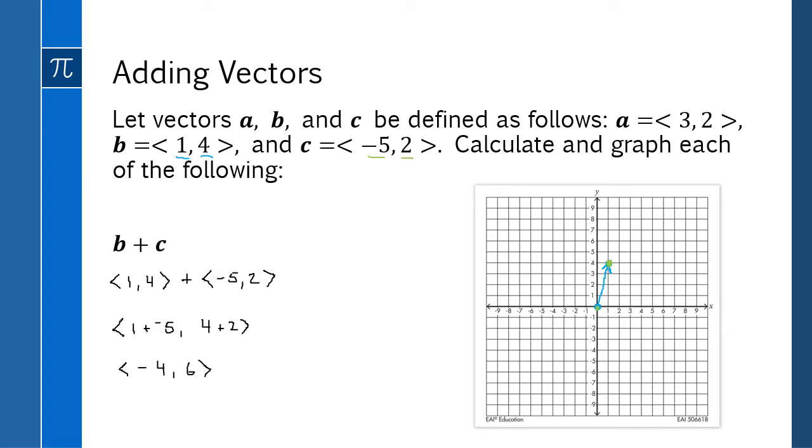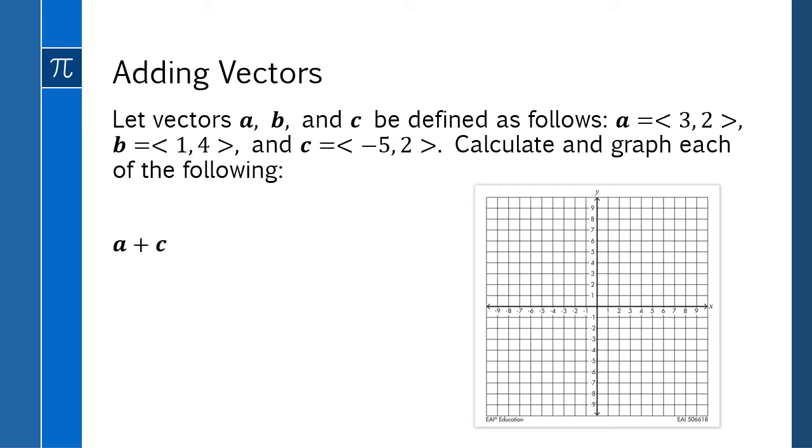So starting from this point here, going 1, 2, 3, 4, 5 units to the left and 2 units up, drawing vector C tail to head with vector B, then that would be my terminal point, which, unsurprisingly, has coordinates of -4, 6. So if I start in standard position at the origin and go straight to the point -4, 6, that is the same as the sum of vectors B and C.